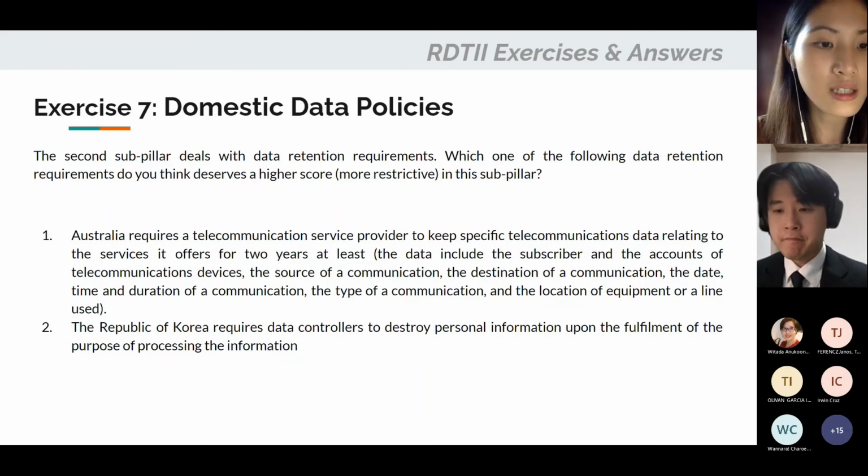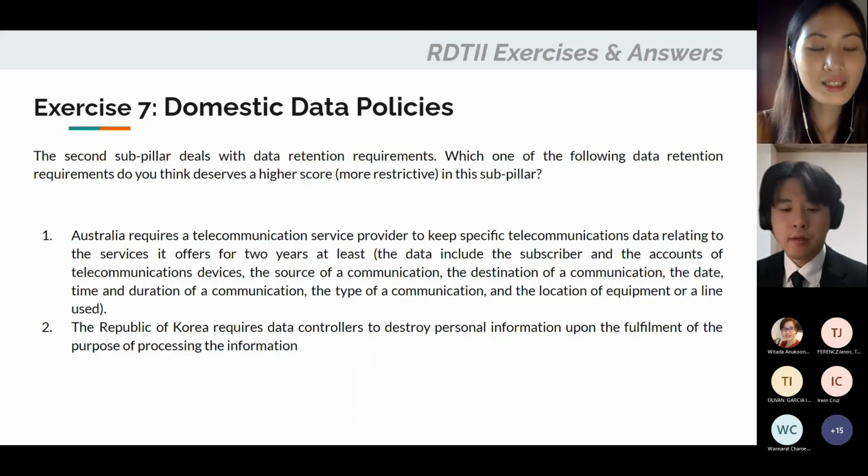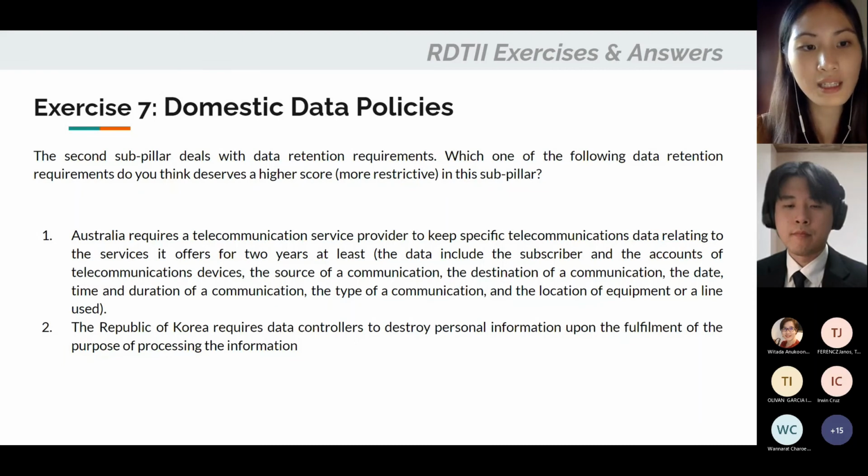In the second choice, Korea requires the data controller to destroy the personal data once the purpose has been fulfilled. This type of requirement we consider the maximum period of data retention because it doesn't prescribe the time period and depends on the purpose of the usage of certain data.